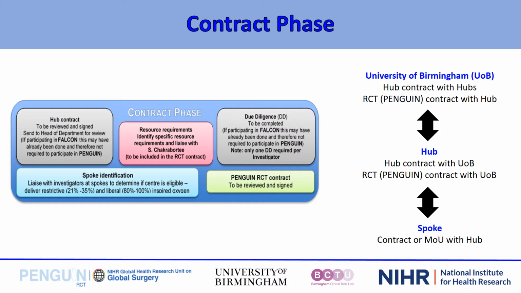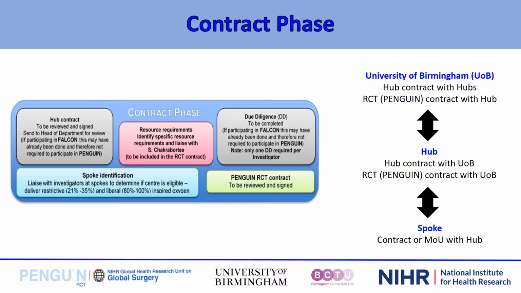However, if a new institution is joining the Penguin trial, a hub contract must be implemented between the University of Birmingham and the new hub. In addition, specific trial contracts are required between the University of Birmingham and the hub, referred to as a clinical trial agreement, and it is the sponsor's responsibility to provide these contracts. The contract is in addition to the hub contract.